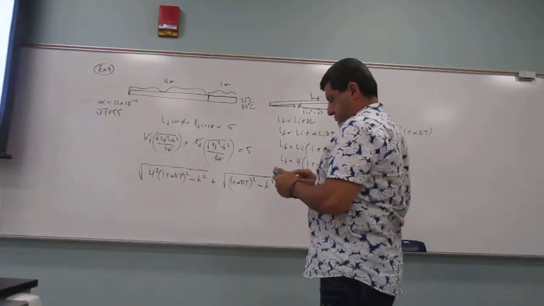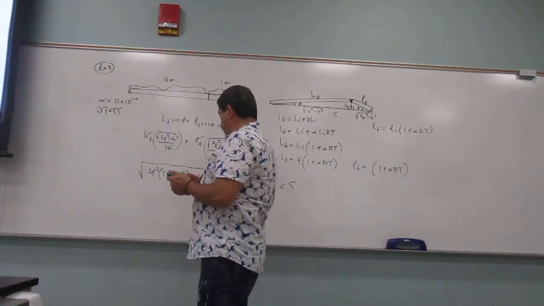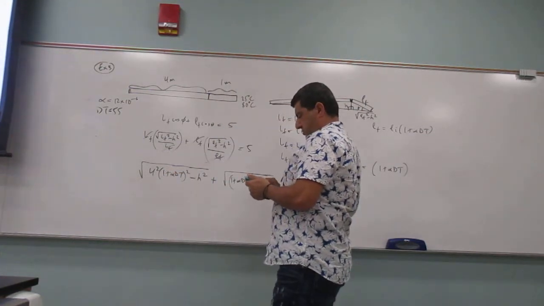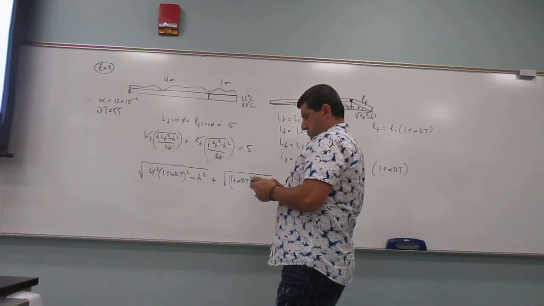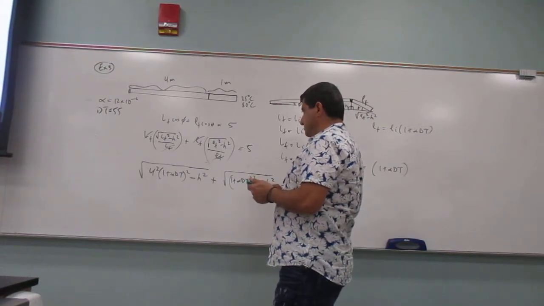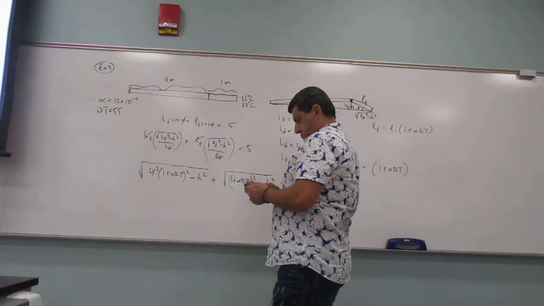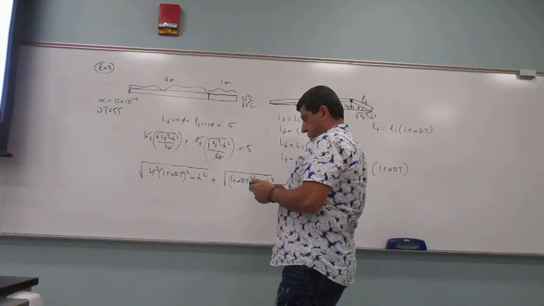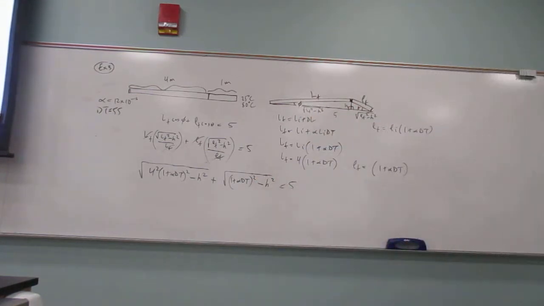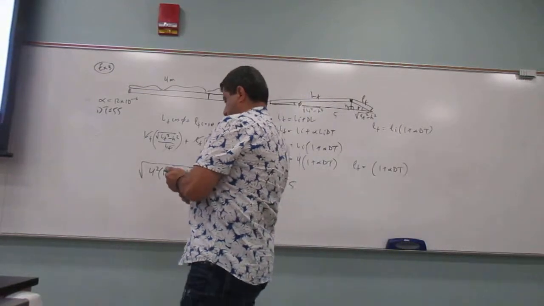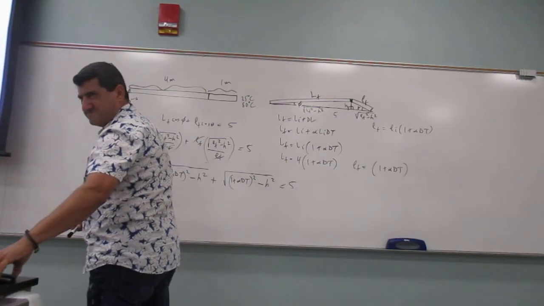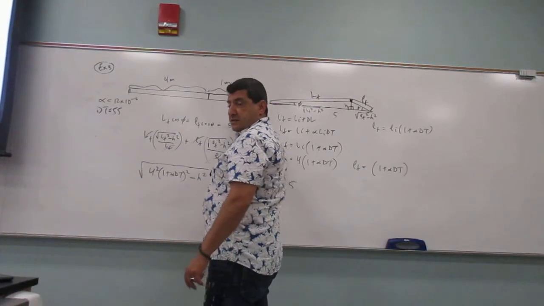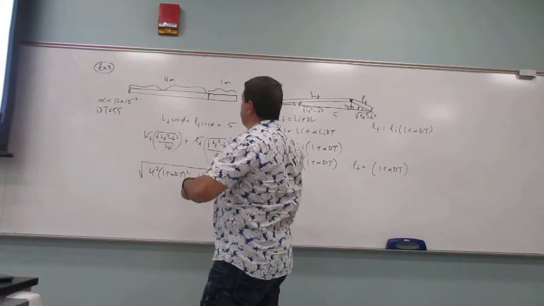So my delta T, let's see here, what would the change in T be? It started at 25 and went to 80. Yes, 80, same as the previous problem, so I just kept it the same.